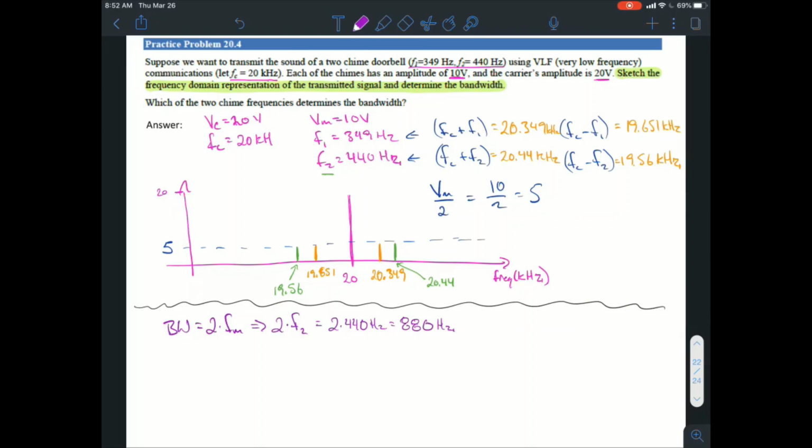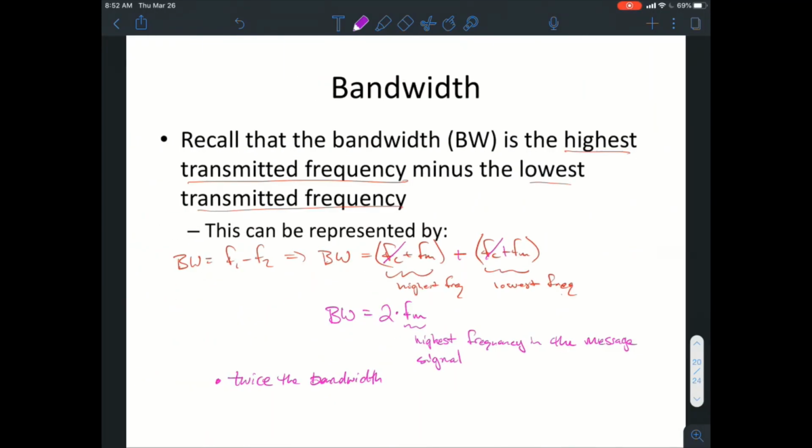Now the other way that we can do this is we can just take that maximum frequency, so bandwidth equals f max minus f min. And if you remember, we can do that because ultimately we're trying to use that highest frequency and the lowest frequency that's in our signal.